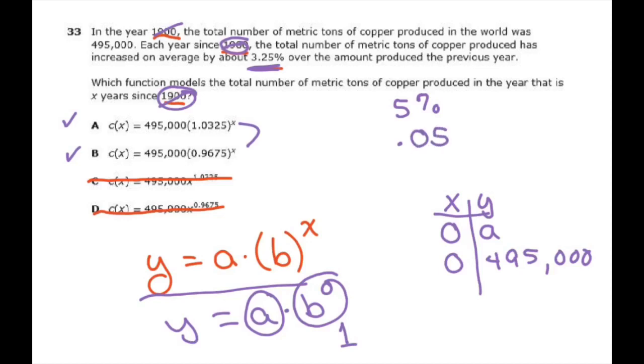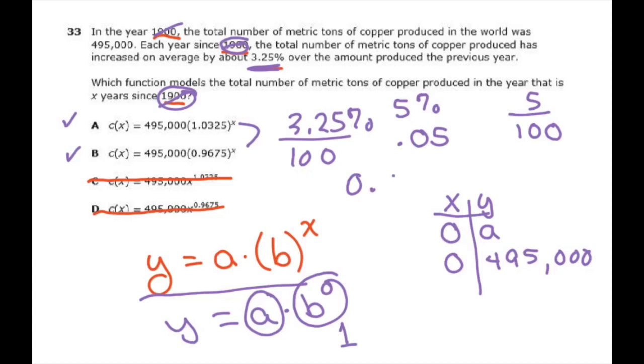You take 5, divide it by 100. So when you talk about 3.25%, you're dividing that by 100, and that's going to be 0.0325, which is this one.